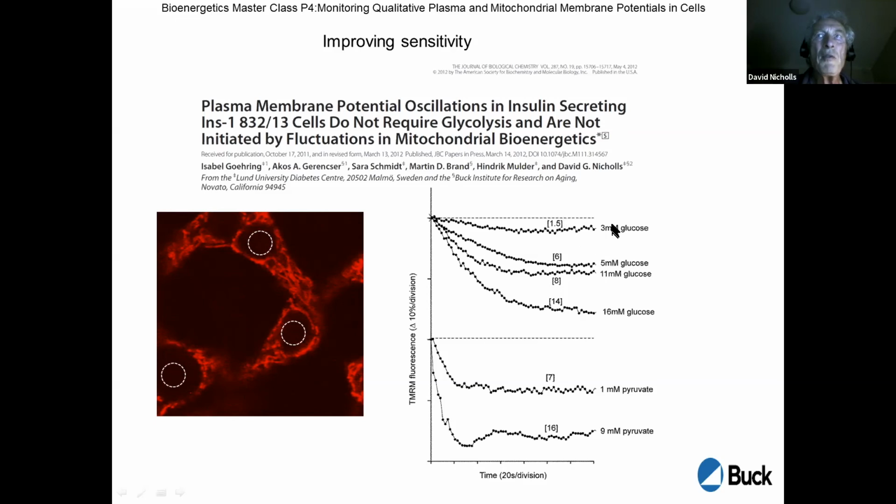These are the effects of low glucose concentrations or pyruvate concentrations on the mitochondrial membrane potential of an insulin secreting cell, an 83213 cell. And you can follow the kinetics of the mitochondrial hyperpolarization with different glucose concentrations by really just looking at the relatively small non-mitochondrial signal rather than this large constant background of mitochondrial signal.